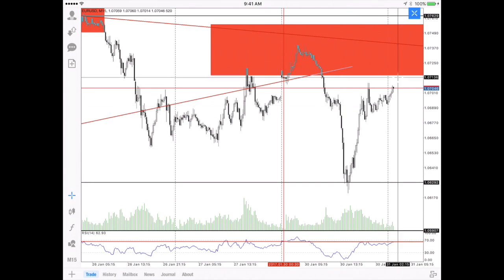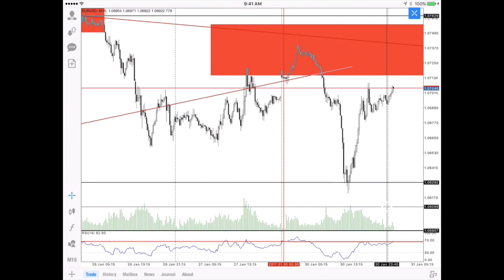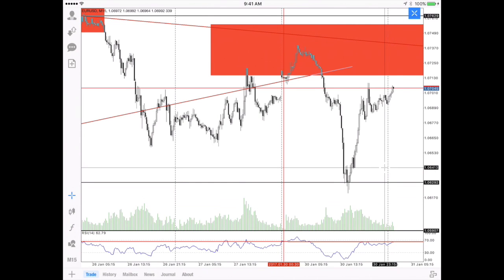If it shoots high while volume is low, there's not going to be enough to push it even further. So we definitely want to keep that in mind. There's definitely a lot of confirmation here that we might be heading towards a bearish market soon for the euro. So that's what I have for my forecast, guys.